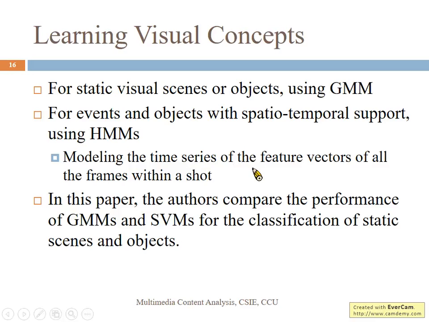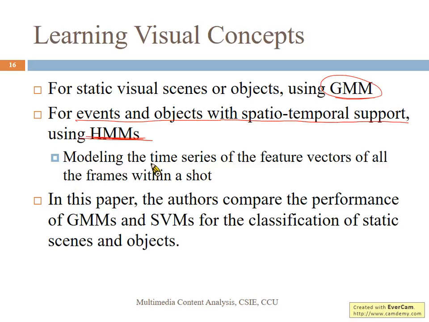Overall, they learn static visual concepts or objects using the Gaussian mixture model. For events and objects with spatial temporal support, they use the hidden Markov model because, as we know before, hidden Markov models are more appropriate to describe features with temporal evolution.